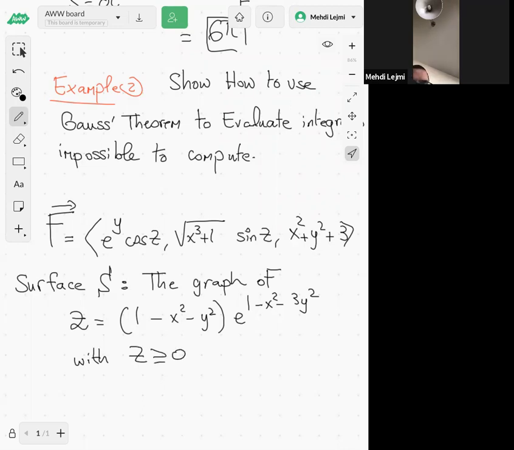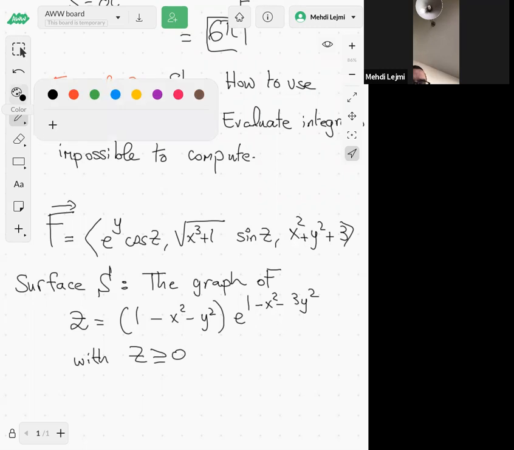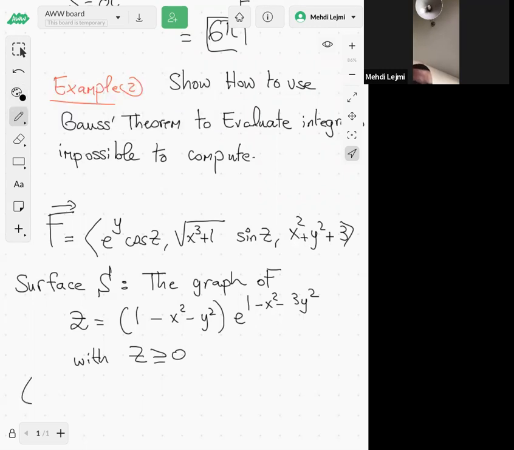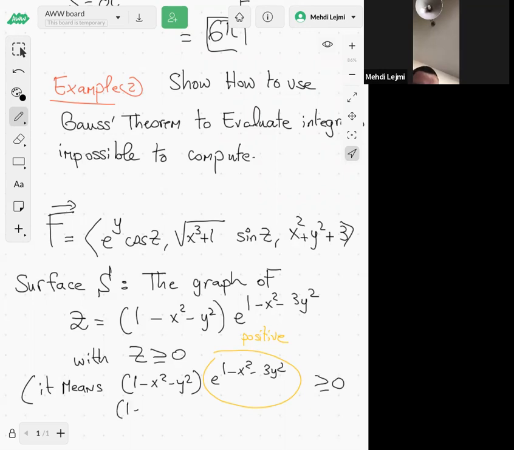Of course, when you say z is positive, what we are saying is this thing here is positive. As I said, the exponential is always positive, so we need the 1 minus x squared minus y squared to be positive.